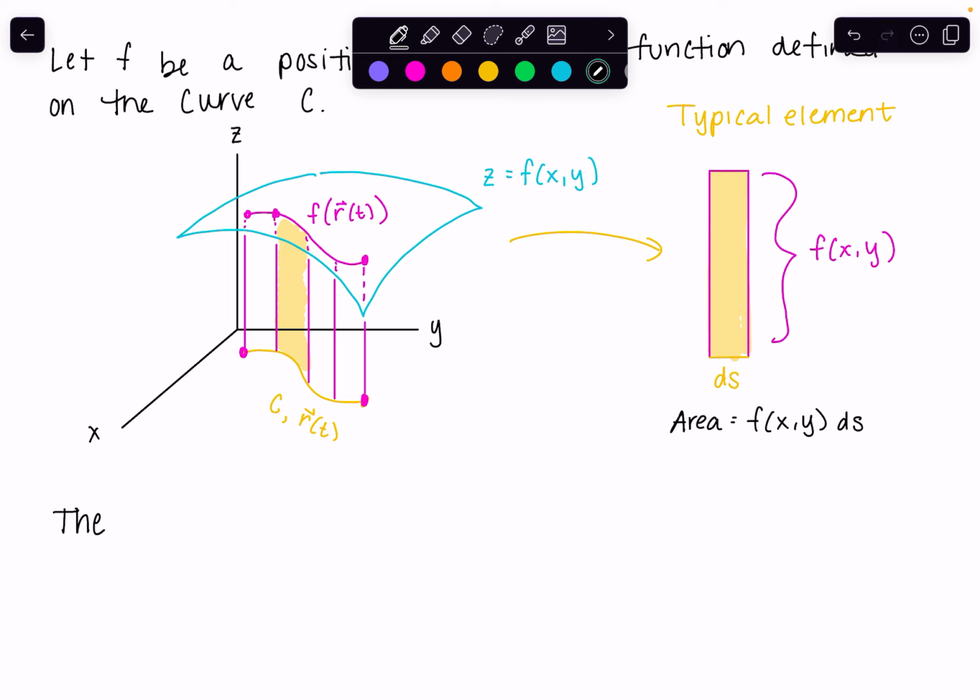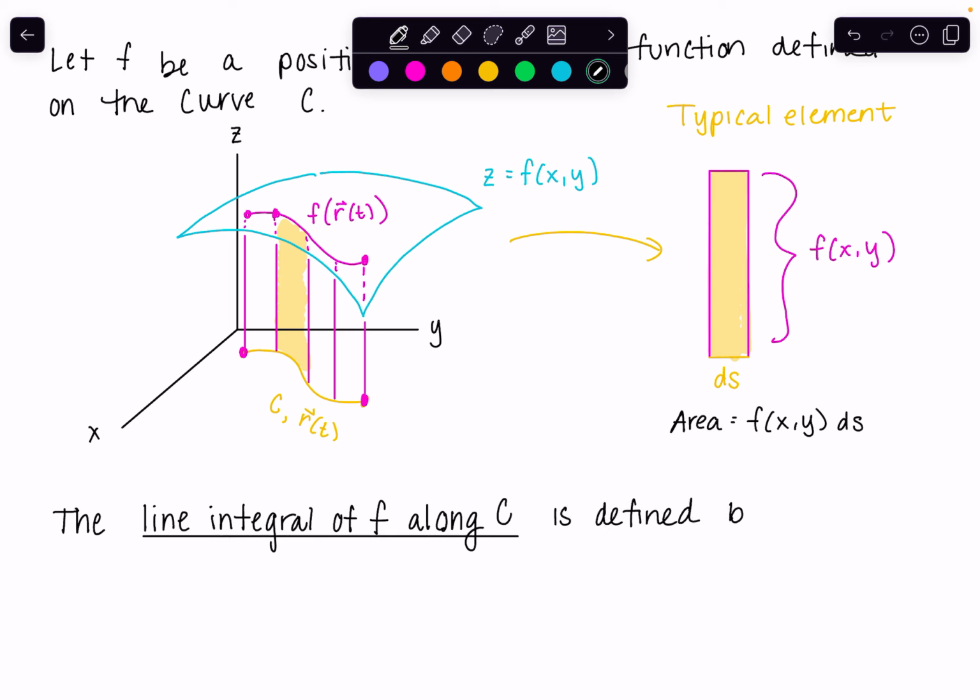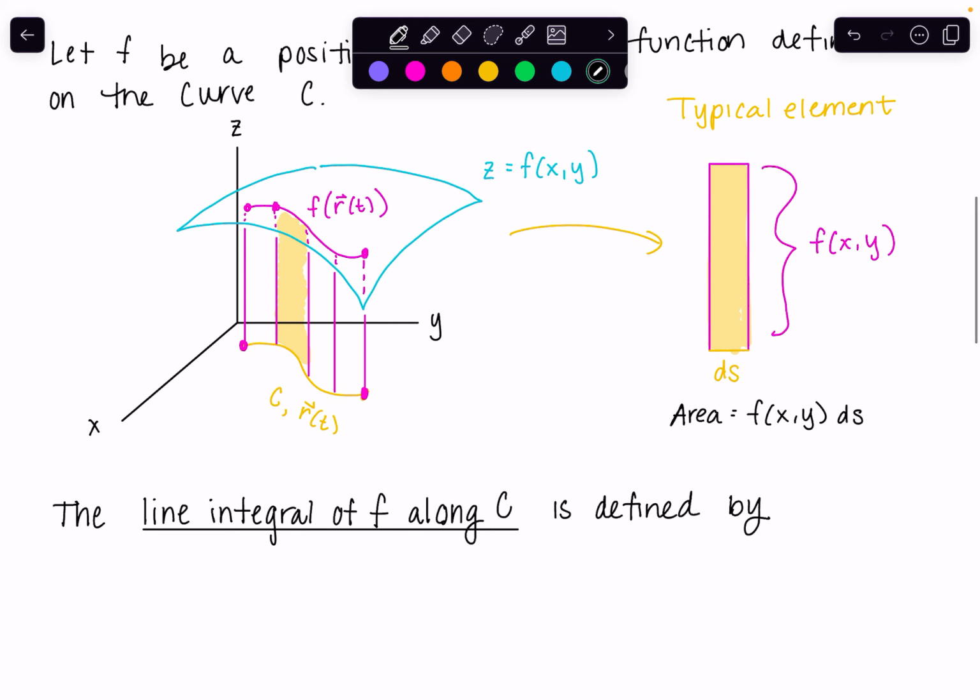So the line integral of f along the curve C is defined by: you add them all up, so it becomes the limit as n goes to infinity of the sum from i equals 1 to n, and then the height is the function evaluated at whatever point in that interval.